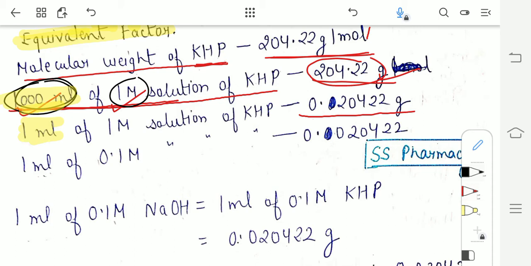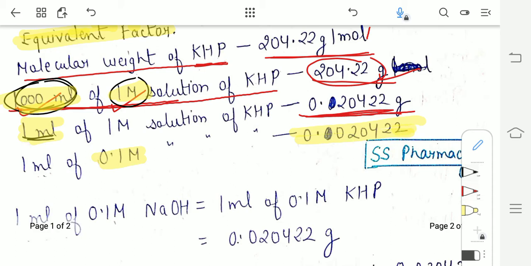If instead of 1000 ml we have to prepare 1 ml, we simply divide this term by 1000, and the value came out to be 0.20422 grams. Now, instead of 1 molar, if we need 0.1 molar solution, we again divide this term by 10, so the value will be around 0.020422 grams. I hope this is clear to you.